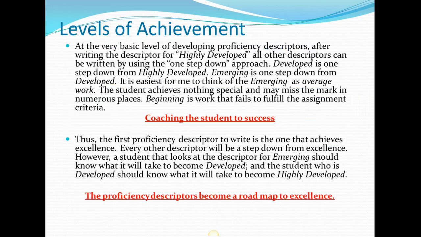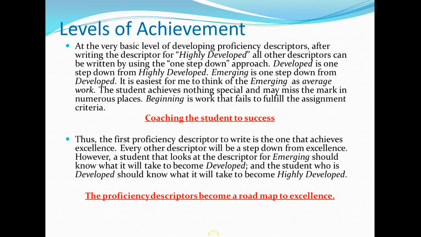So what we really want to think of is that at the basic level, the proficiency descriptor can coach the student to success. I find it easiest to use the one-step down approach to start with the highly developed, the highest level of achievement that an A++ student would receive for that work, and then step it down from that.